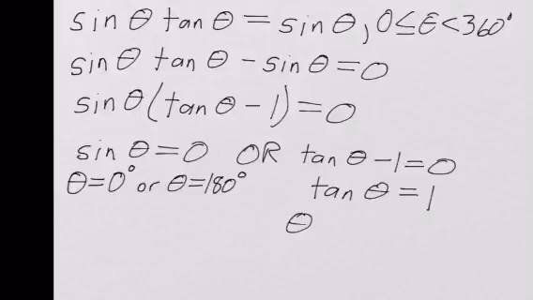So that tells us that theta is either the angle with reference angle 45 degrees in the first quadrant, which is 45 degrees, or in the third quadrant, which is 180 plus 45 degrees. So we have or theta is equal to 225 degrees.